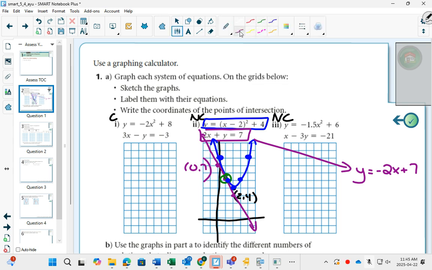And then with my slope on my purple graph, I started with my y-intercept, down 1, and I made those points really big. And I'm like, there has to be a nice point where they both hit. And there is, at that green one at (1, 5). And if you plug in 1 for x and 5 for y, it's the only point where both of them work.